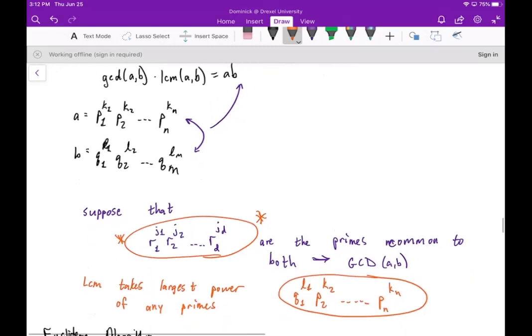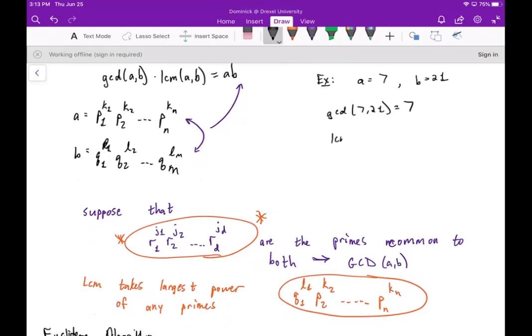So you can really sort of, let's maybe just look at an example. Let's say that A is equal to 7 and B is equal to 21, just to make this easy. Well, the GCD of 7 and 21, of course, is equal to just 7.